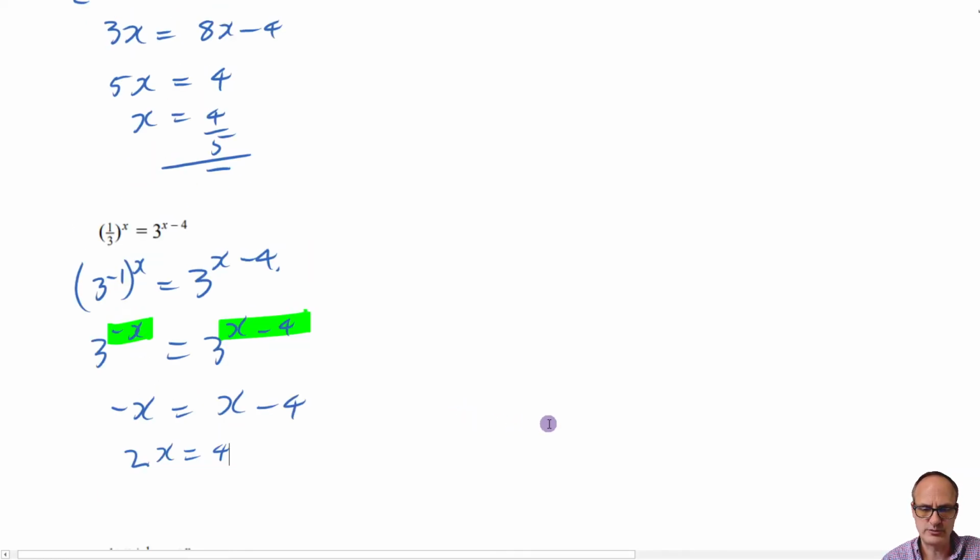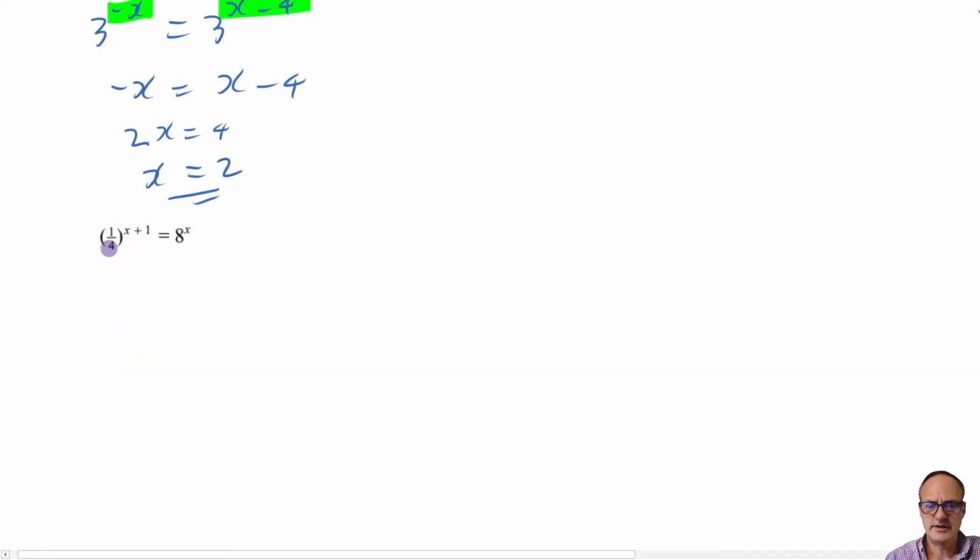Scroll down, give myself a bit more space. And then we get x equals 2, and the last one. These can both be powers of 2. A quarter is a half squared, and a half is 2 to the minus 1, so it's going to be 2 to the minus 2 for a quarter. If you're not quite sure how I got that, that's 1 over 2 squared.